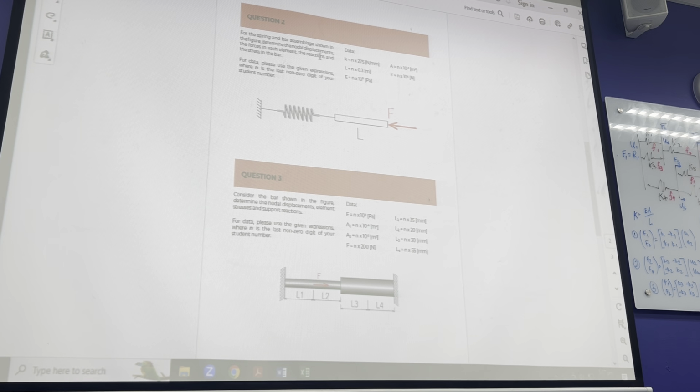Then 0, 0, 0, U1, U2, U3, U4, U5, correct?